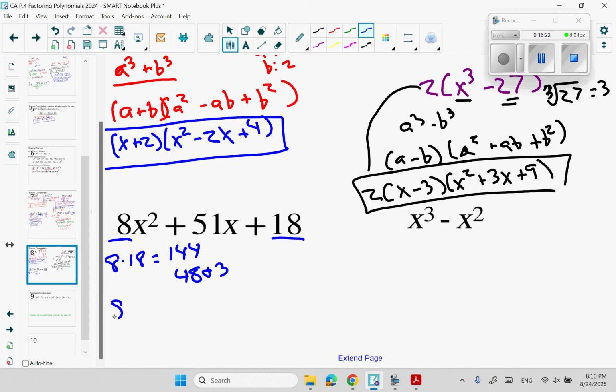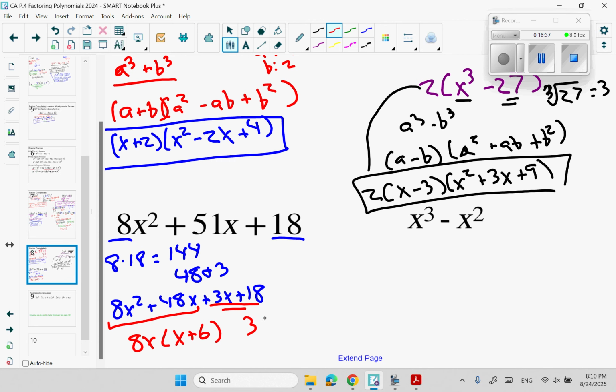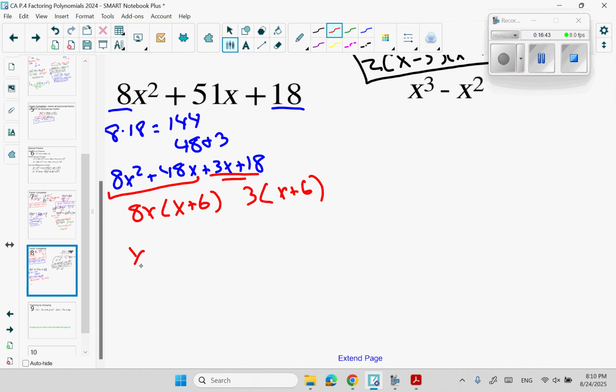So we would get 8x squared plus 48x plus 3x plus 18. Factor out 8x, give me x plus 6. Factor out a 3, so x plus 6. Shoot. So we would get x plus 6 and 8x plus 3.